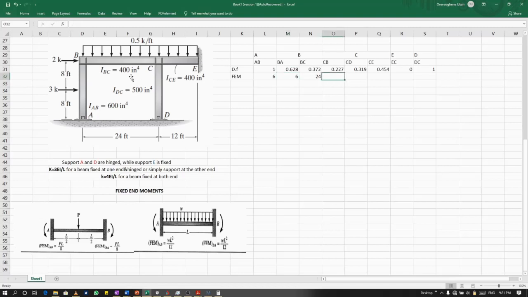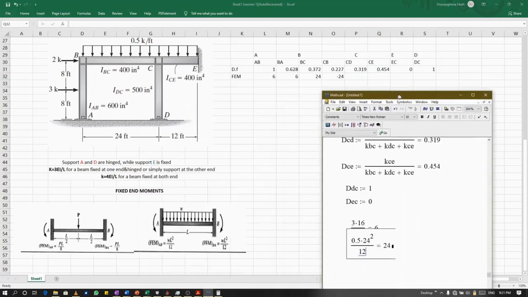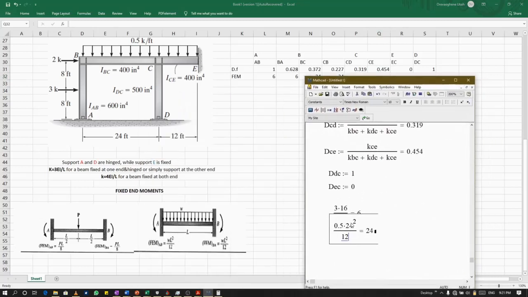Okay. What's our CB? Our CB will be minus 24. Then our CD. We have nothing on our CD, so we're going to skip that. Our CE. Let's come back. We still have the same load. That's 0.5.